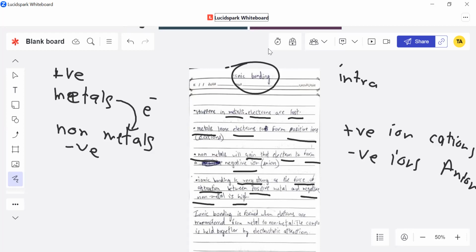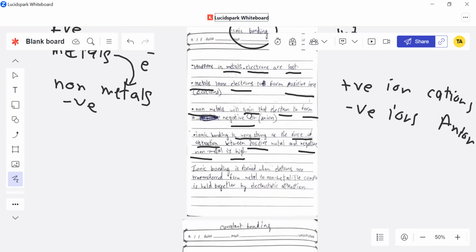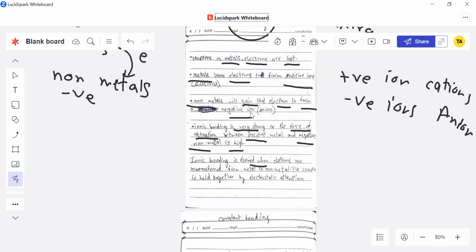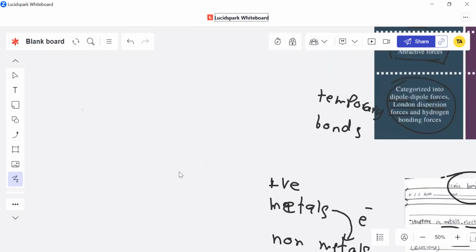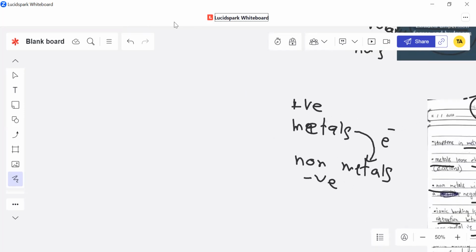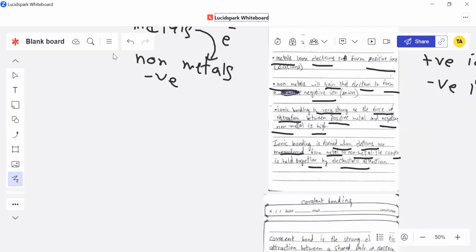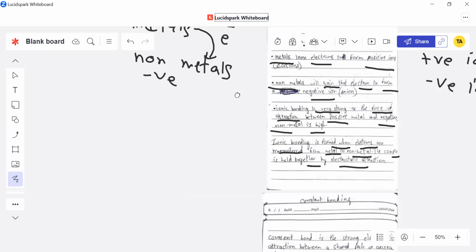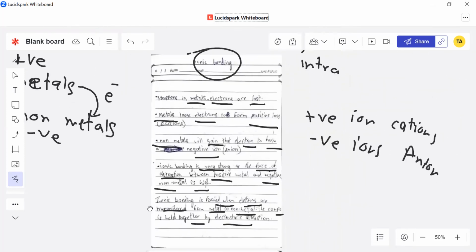So this is why ionic bonding is very strong. And ionic bonding is formed when electrons are transferred from metal to non-metal. The compound is held together by electrostatic attraction. So this attraction between the positive and negative ion is called electrostatic attraction.